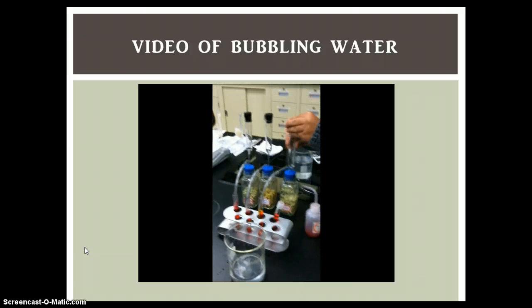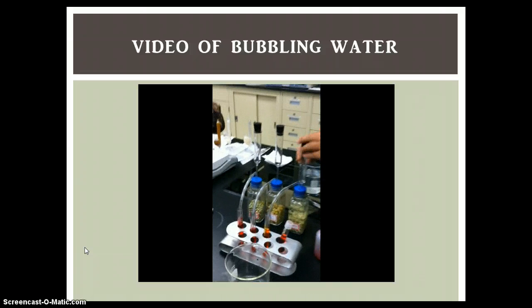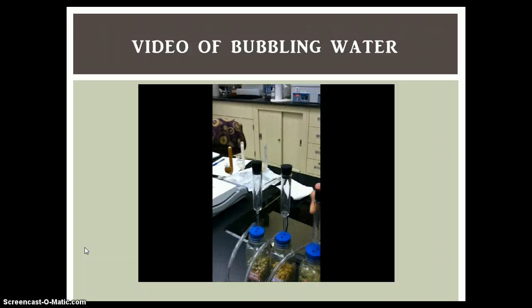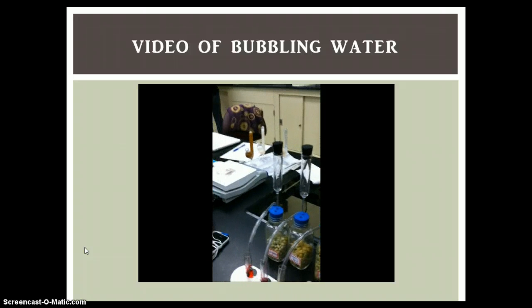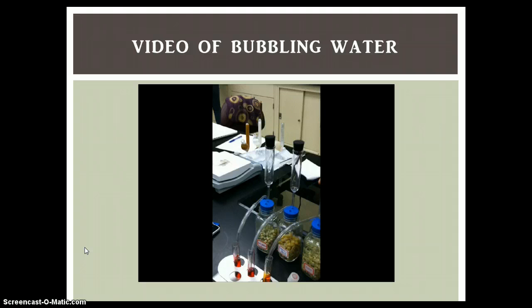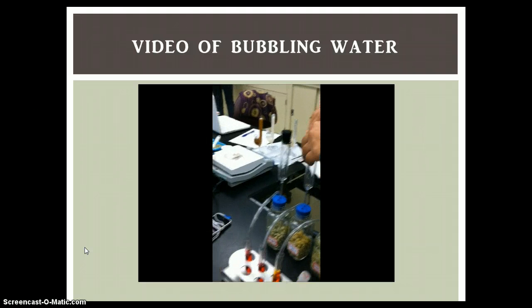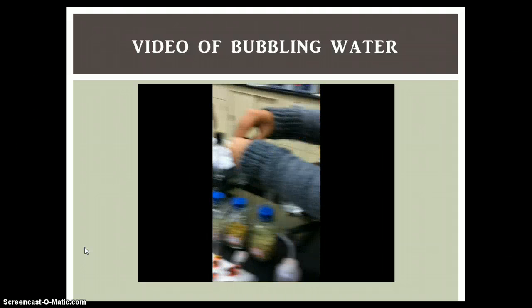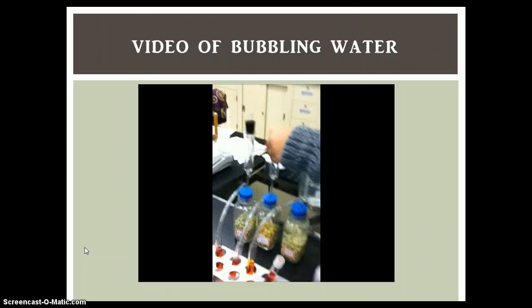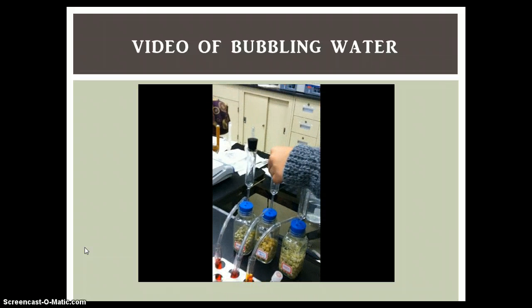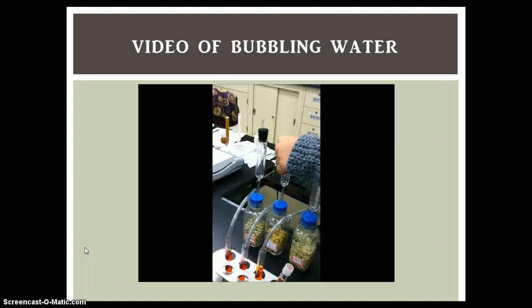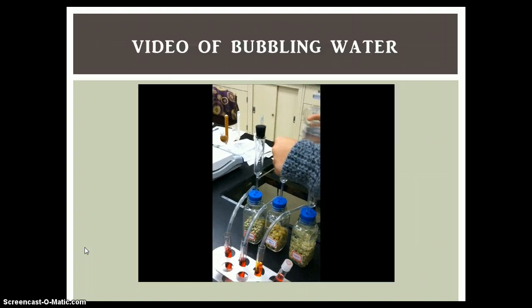That was our pH indicator to measure the amount of carbonic acid. And this in turn measures the amount of carbon dioxide indirectly. If it turns yellow after the water was put in, this means that it's in an acidic condition. It means that carbon dioxide was produced, and it means that cellular respiration occurred.